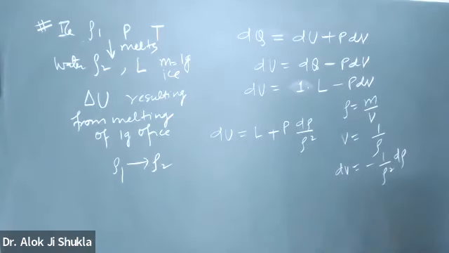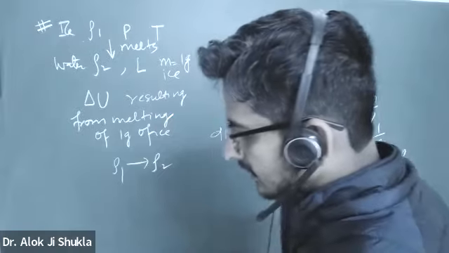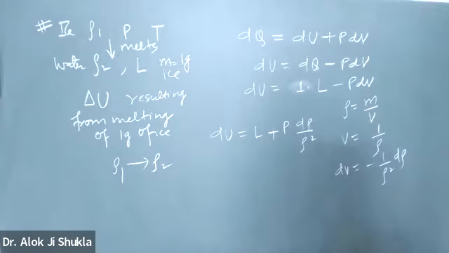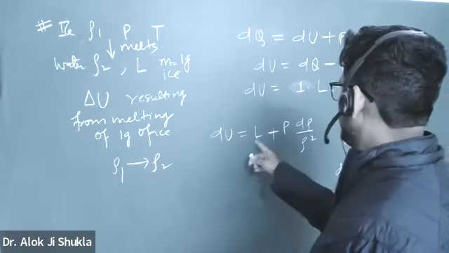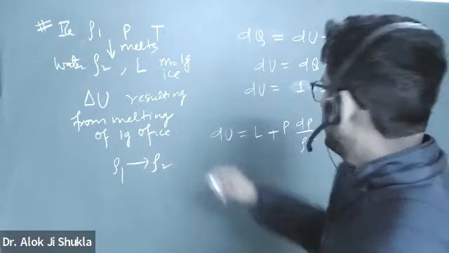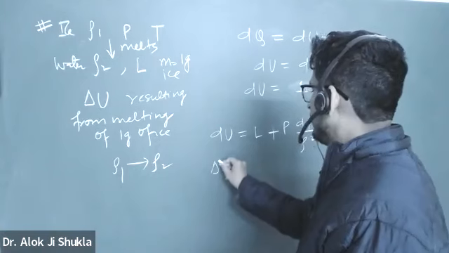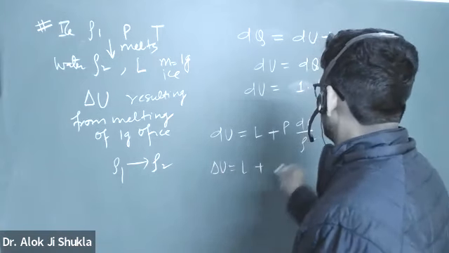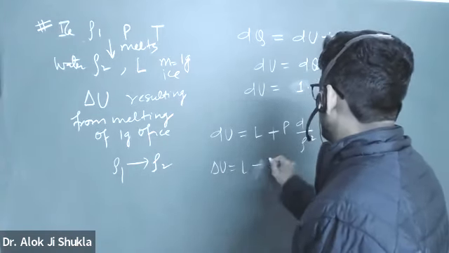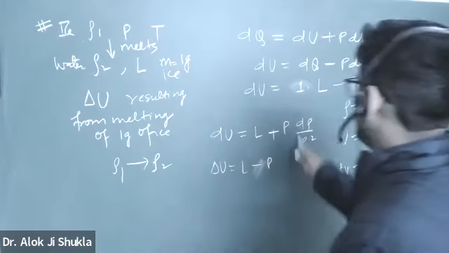Is that correct? Yes, sir. So if you calculate the change in internal energy from rho 1 to rho 2, this delta U will become L plus, actually minus P, this will be minus 1 by rho.